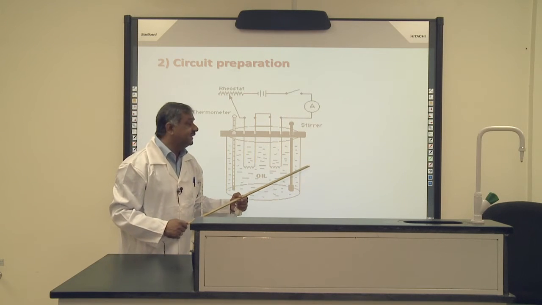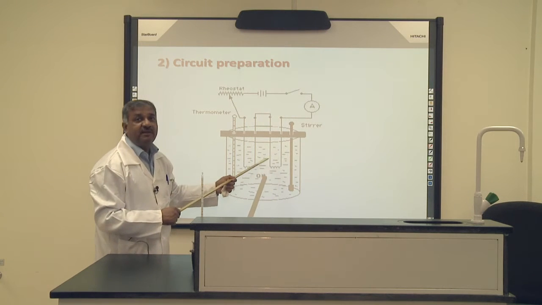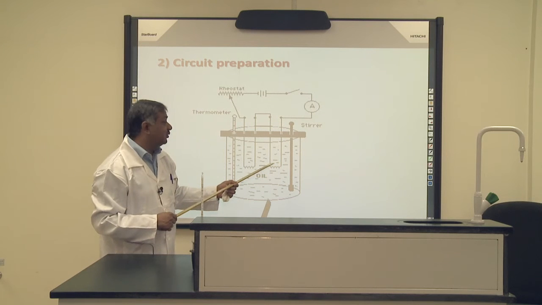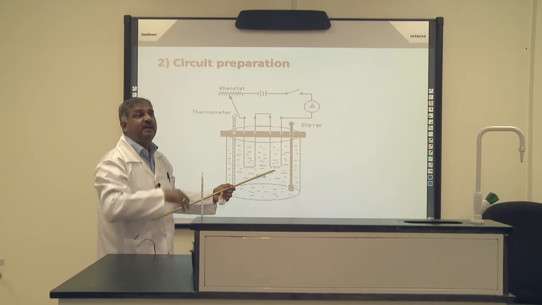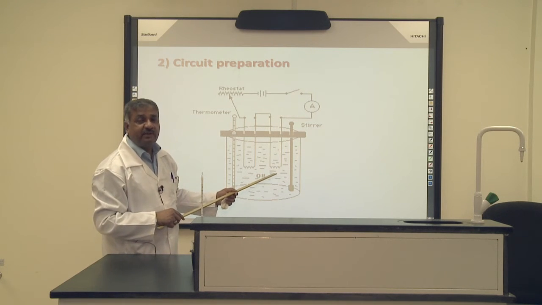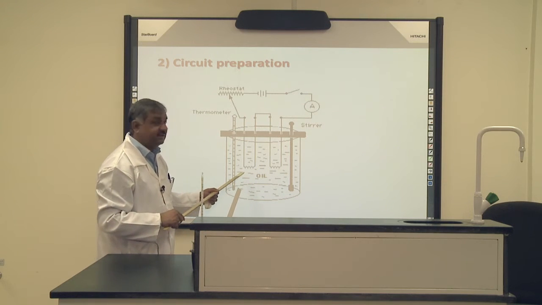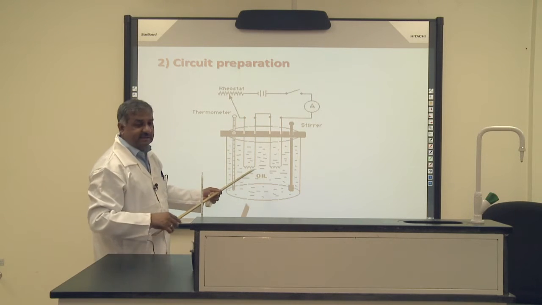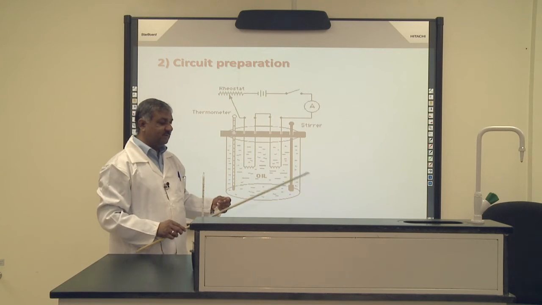Why are we using this? Because heat will be generated around the coil. So by mixing, the temperature will be made uniform throughout the liquid to get good results, and a thermometer is inserted in this calorimeter, which I just showed you.